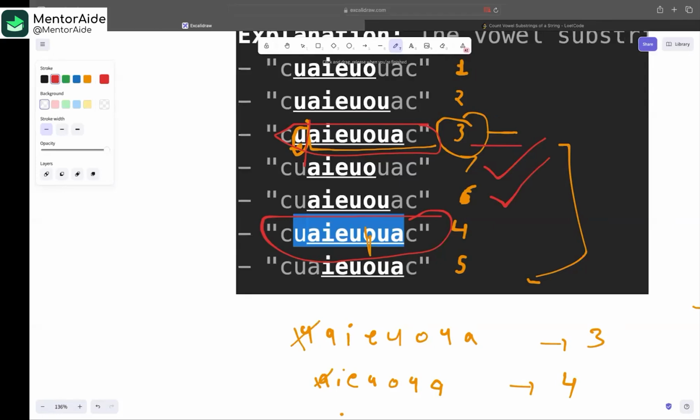Can we solve it by using two sliding windows? Think in that way.